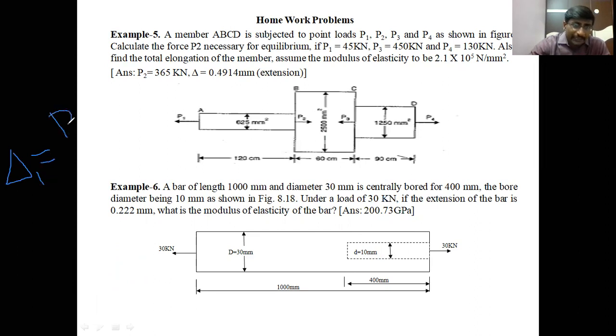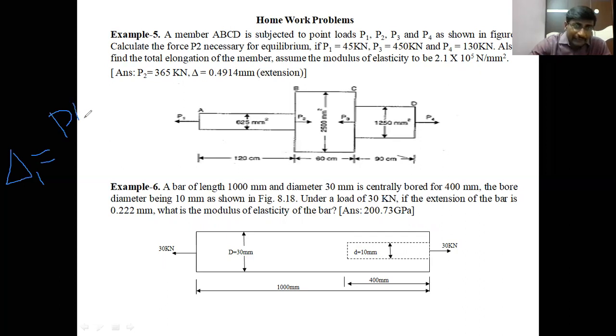How much P is acting on this member? Both members have equal forces of 30 kilonewtons, so P is constant and the same for both AB and BC.